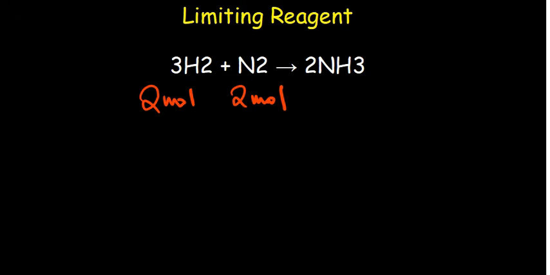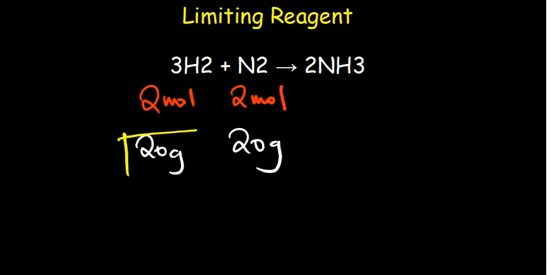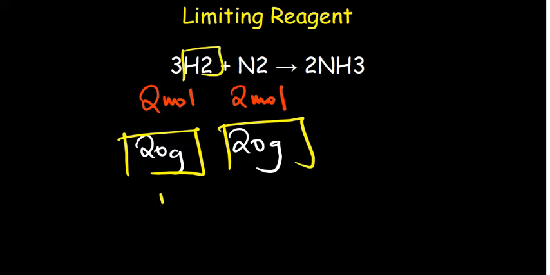In this example, I'm using moles, but in most of the cases, they are going to give you, let's say, 20 grams of both hydrogen and nitrogen reacting. So now it is up to you to use the 20 grams and then get the hydrogen, which is H2, ignore the coefficients, and then find the number of moles of each. And then you try to make a decision from there.